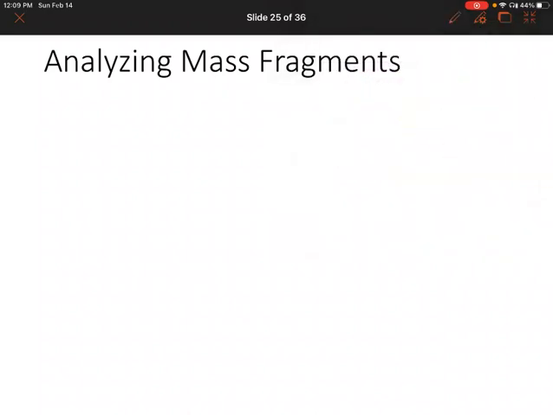If you're looking at your mass spectrum and you find your parent peak, and you have another peak that's 15 m over z lower than that, again, that means that you have a loss of a methyl group.